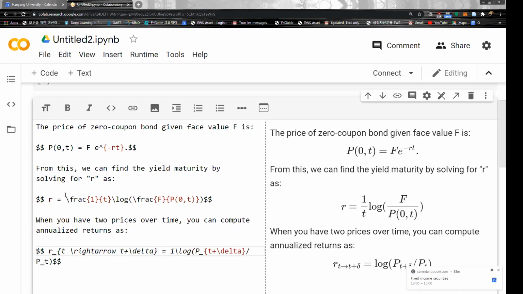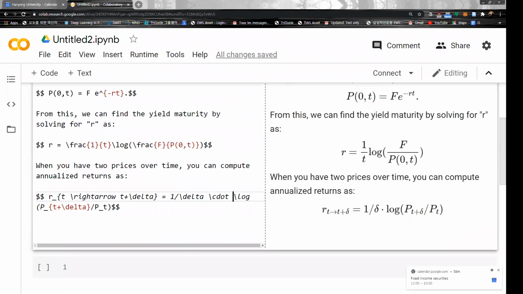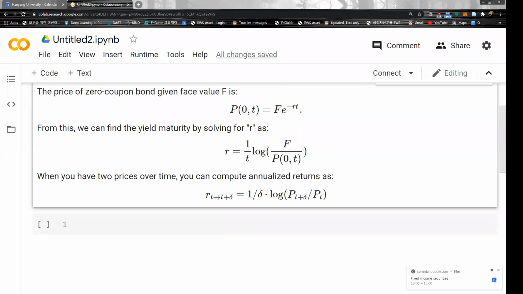We can do that. So basically, we can calculate the annualized return as follows.